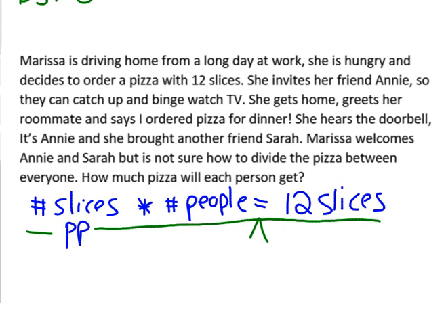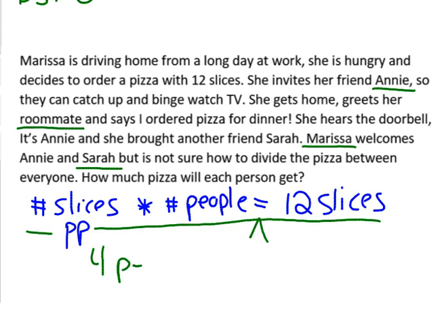So we're going to divide both sides by the number of people. Let's see how many. There's Marissa, there's Annie, there's Sarah, and there's the roommate. So we have a total of 4 people.